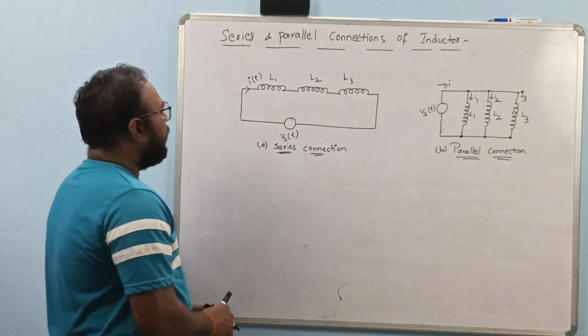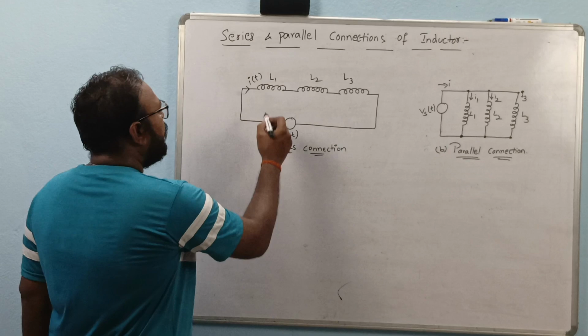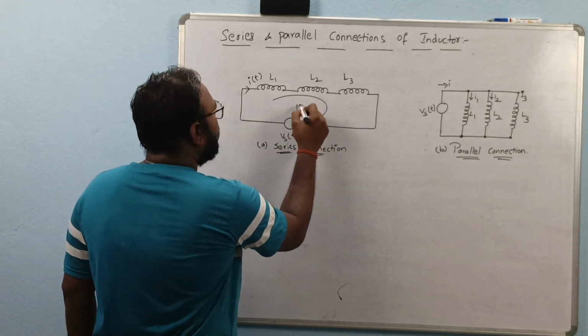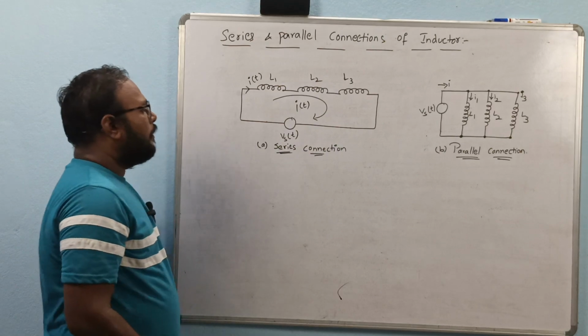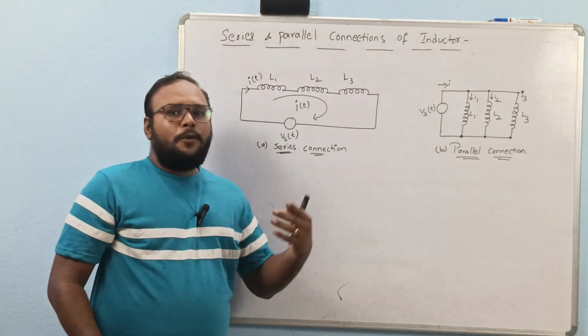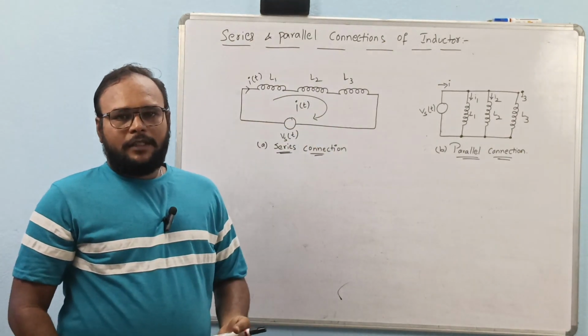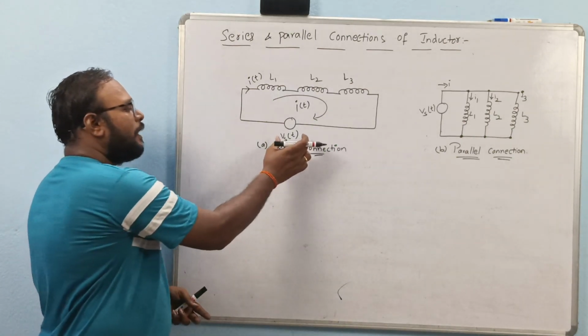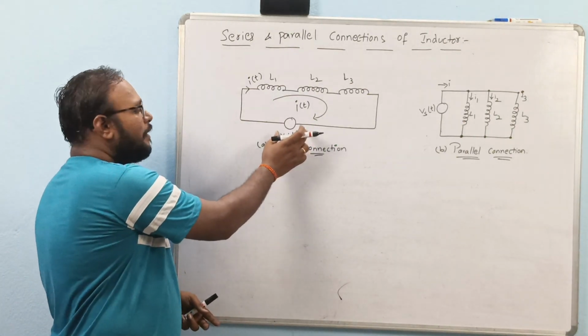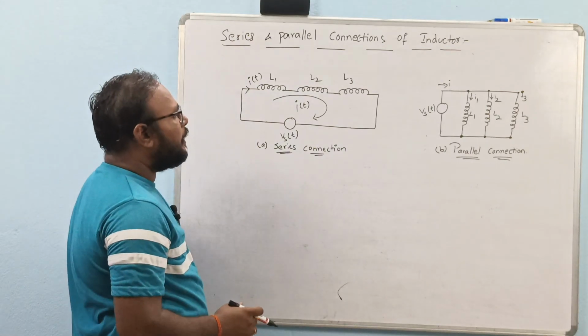Now, by applying KVL to this loop, the current is i of t. An inductor opposes the sudden change in current, which means the current should change with respect to time. So we are going to take a time varying voltage source.